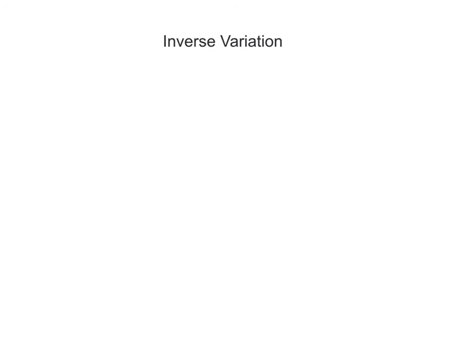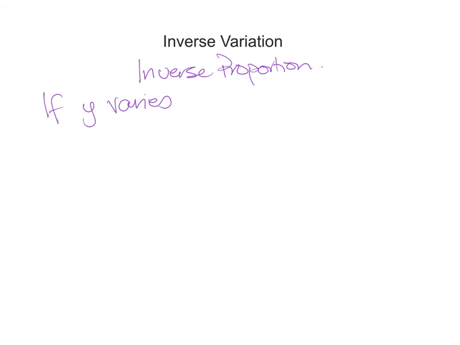Okay, now inverse variation, also known as inverse proportion. An example for this would be: if y varies inversely, so this is the wording now. Last time it was directly, but now y is varying inversely. That would be the important word.